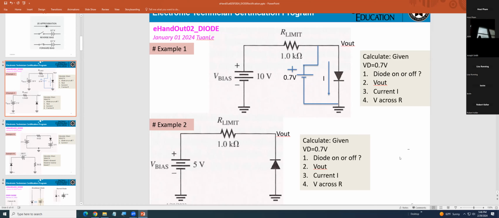Come on. Oh, wait a minute. Oh, that's right, you replaced it. It's 0.7, because it's the positive side of the battery.